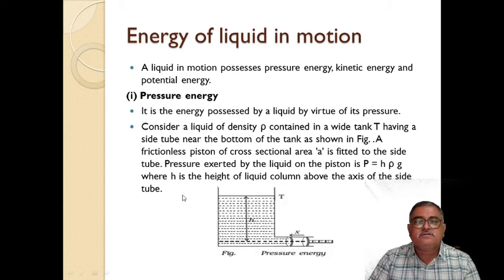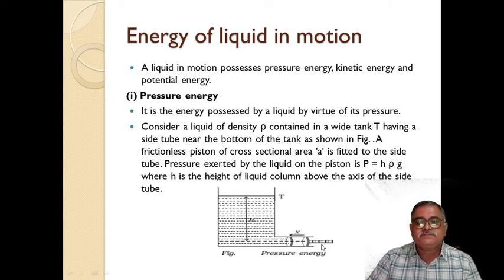For a clear idea, we will consider this type of diagram. A liquid of density rho is in this container. This is a wide tank having a side tube near the bottom of the tank, as shown in this figure.